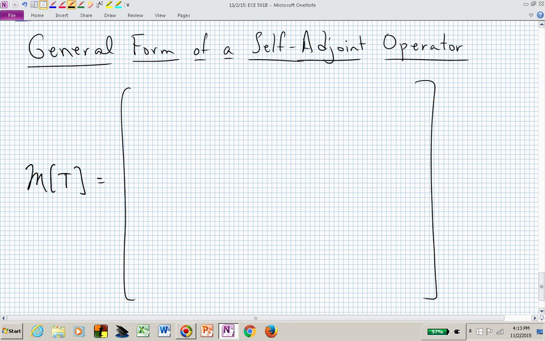Now we know if it's self-adjoint, it needs to be the same size, or the same height as it is width. It's square. And let me just say that I have A11, A12, A13, let's say A sub 1, N minus 1, and A sub 1, N.